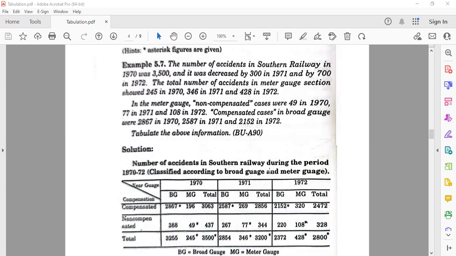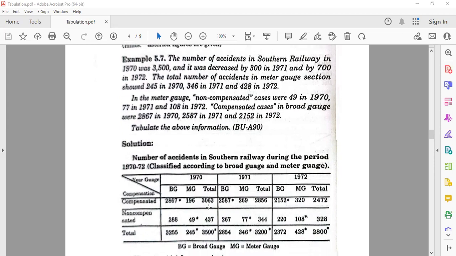In a meter gauge, non-compensated cases were 49 in 1970, 77 in 1971, 108 in 1972. The compensated cases in broad gauge were 2,867 in 1970, 2,587 in 1971, 2,152 in 1972. So you have to tabulate these particular values.